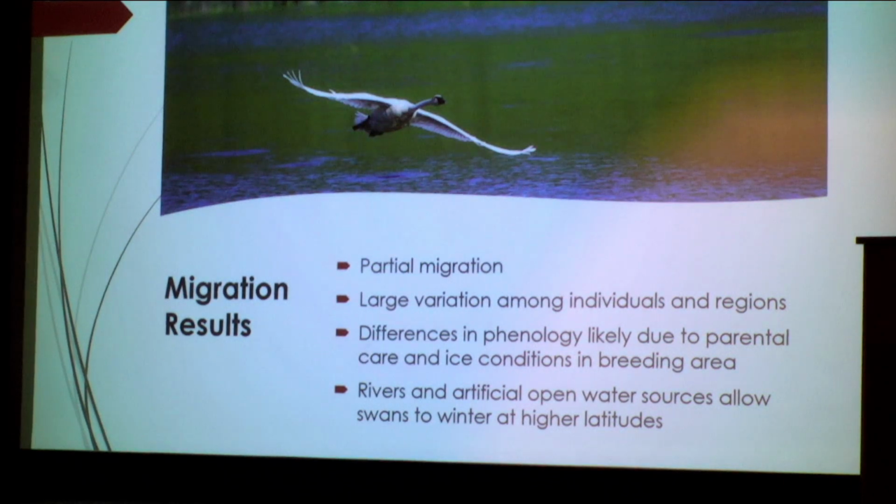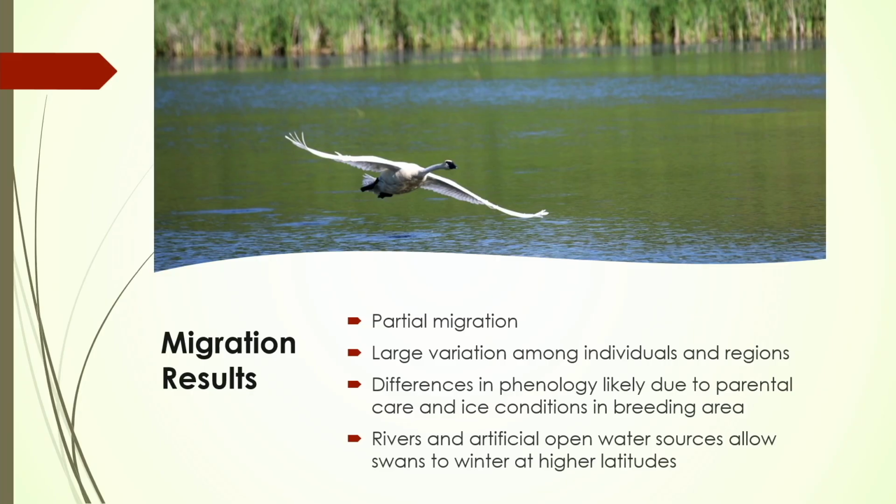So to summarize, we have a population that's clearly a partial migratory population. Some individuals are migrating and moving long distances, and others are able to stay close by and not migrate if they can find open water and sources of food. And there's a lot of variation between and among individuals and regions.